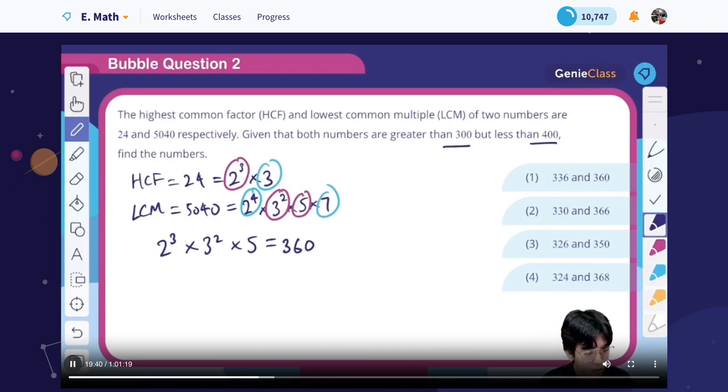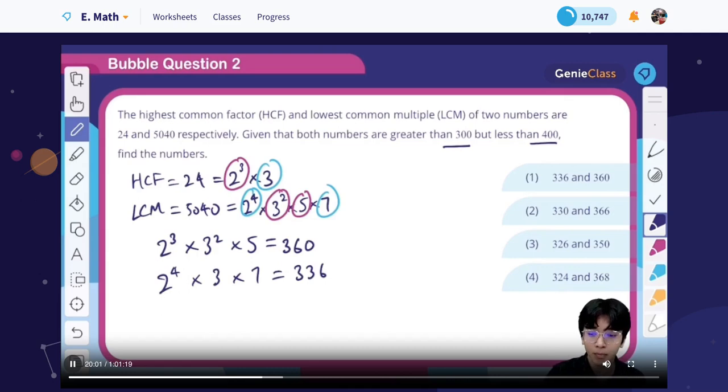So 2 power 4 is 16 times 3, 48 times 7 is 350 minus 14, 336. 2 power 4 times 3 times 7 is 336. So that is your two numbers, 360 and 336.